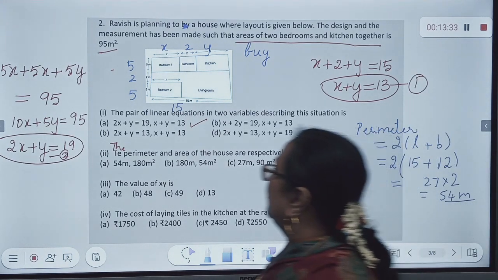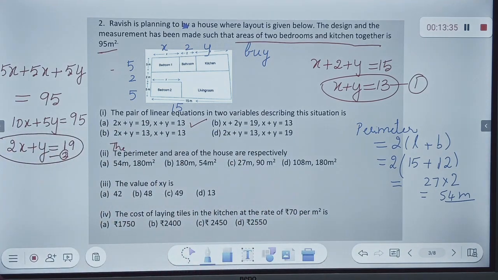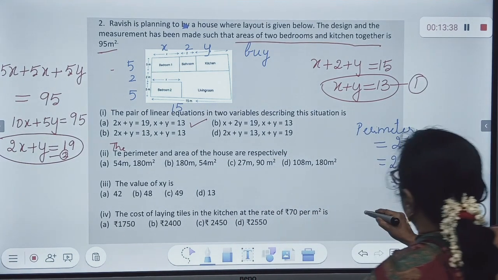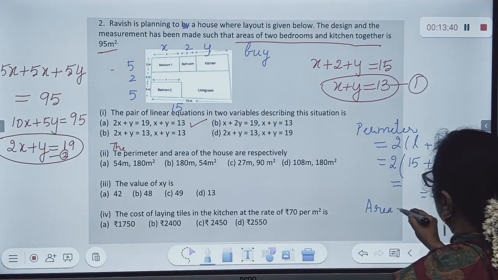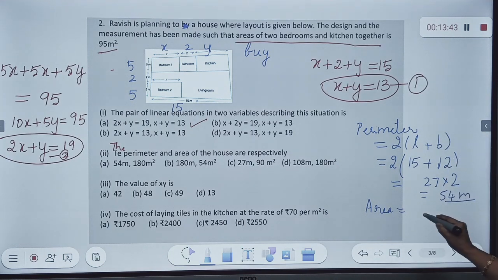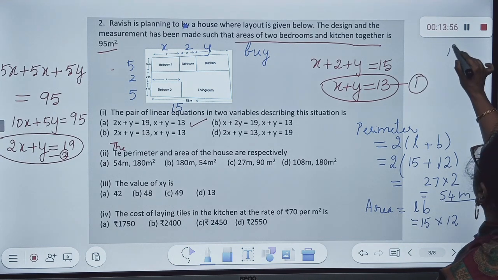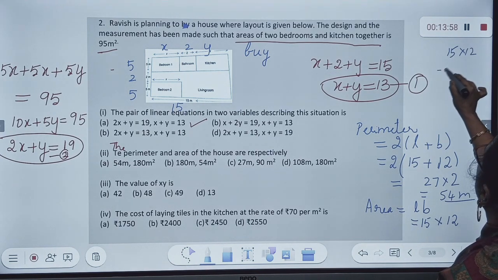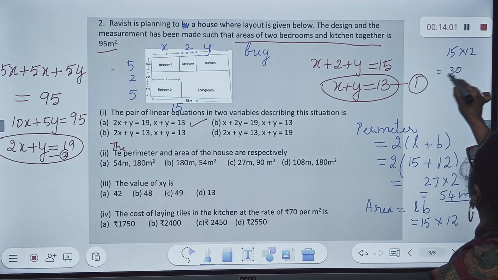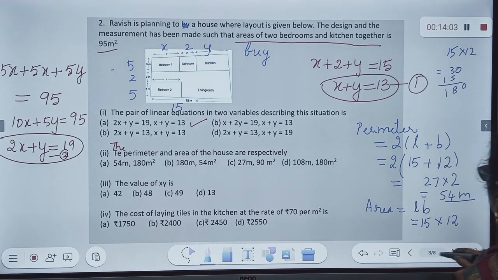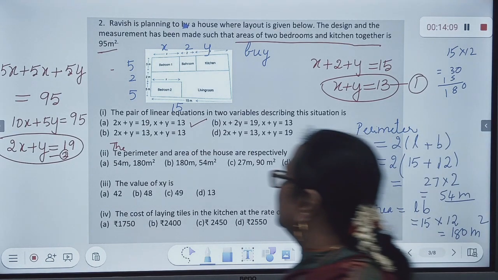So the perimeter is 54 meters. Now what will be the area? Length into breadth, right? Which is 15 into 12. What is 15 into 12? 180. 180 meters square. So 54 and 180 meters square.